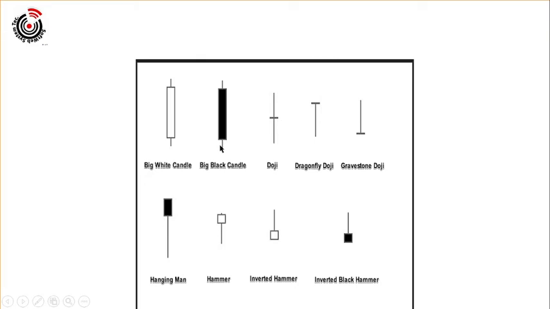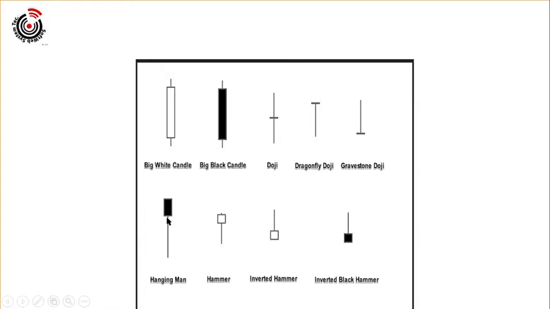Okay, so now we come down to the hanging man here. Hanging man is a selling candle. The characteristic of a selling candle is that it opens at the top and then closes at the low. Okay, but what happened here? Then buyers came in and pushed this candle.